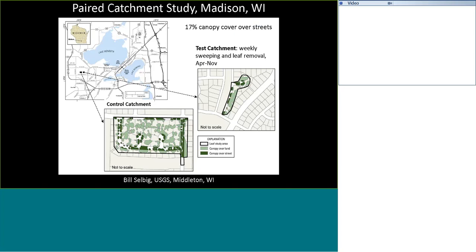He had control catchments that were not swept at all, and then test catchments where they did very thorough, best case scenario sweeping, where they did weekly sweeping and leaf removal during the warm, snow-free season. These catchments were matched in terms of the canopy cover over the streets, which was about 17%.